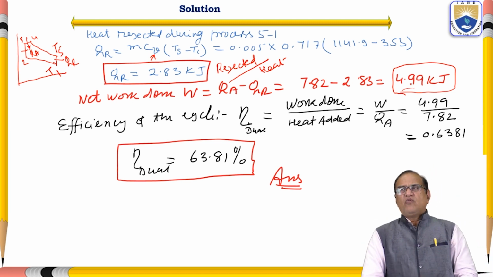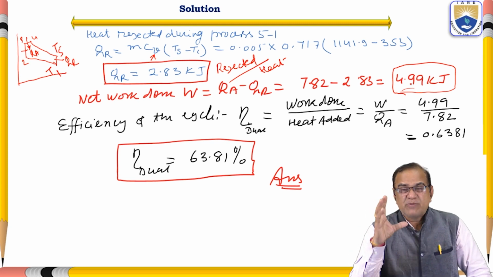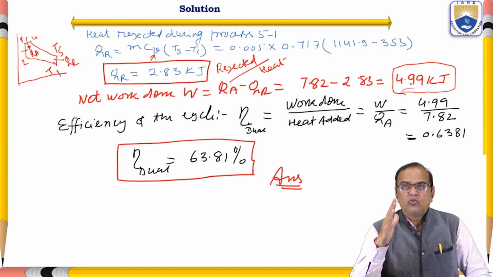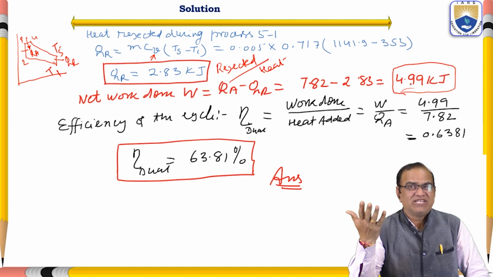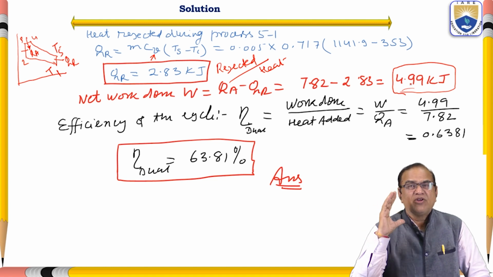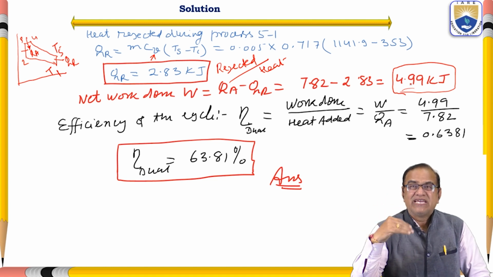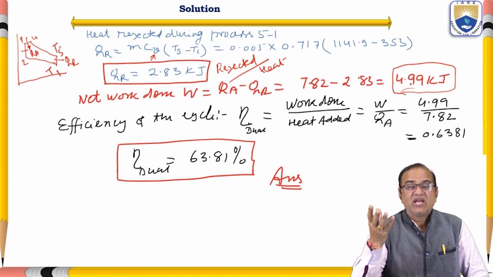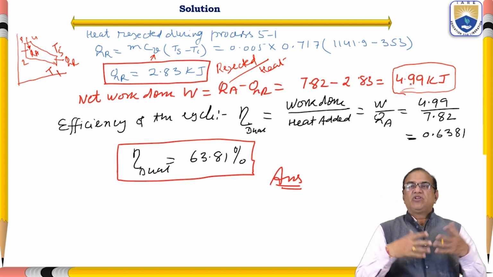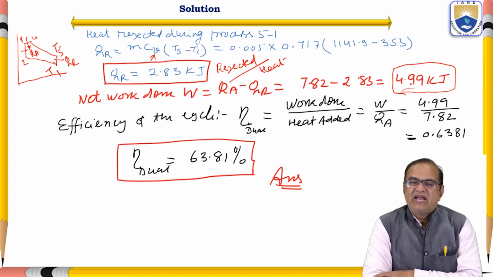So as of now we have got the state points 2, 3, 4, 5. One is already given. We have found out how much heat is added, how much heat is rejected and how much work is done. Now to find out the efficiency, we know by the definition that efficiency of any cycle, that is eta, is equal to work done divided by heat added.